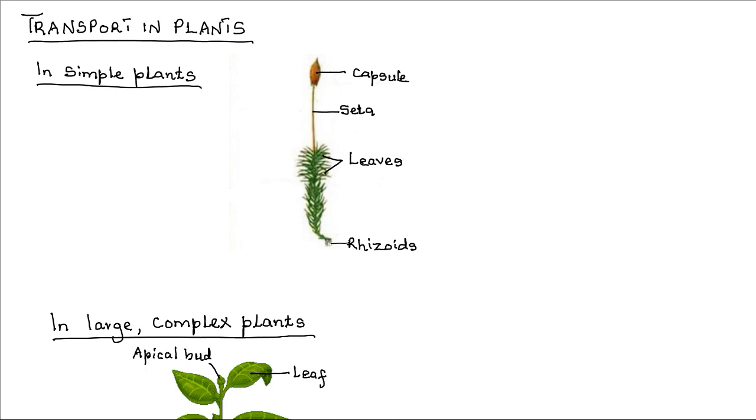In small, simple plants, such as the moss, the moss is a very simple, very small plant with simple structures. And also, apart from the moss, you also have liverworts.